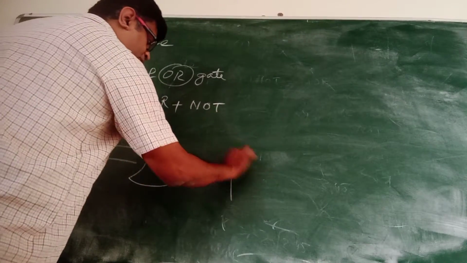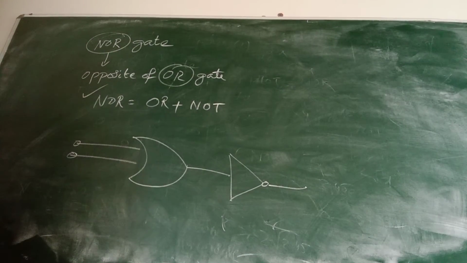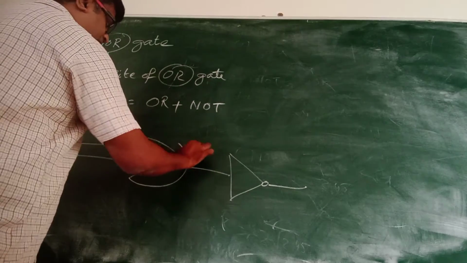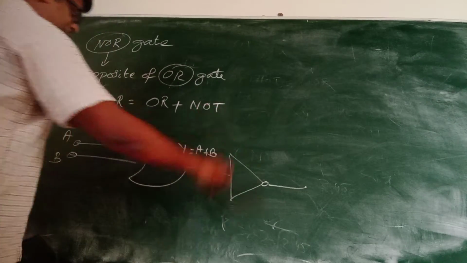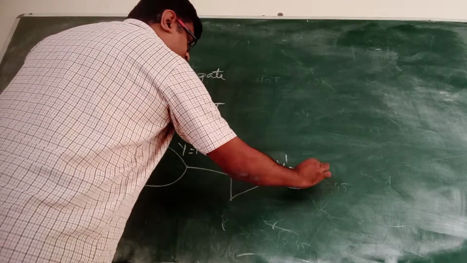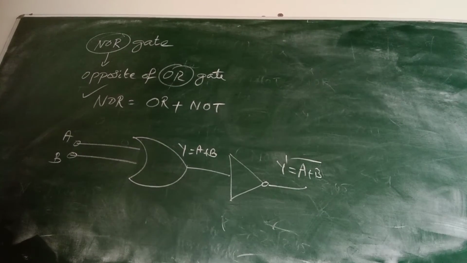So here I will put a NOT gate. So this is my A, this is my B. So here y will be A plus B, and here y dash, final output will be A plus B bar. Bar means reverse. Okay?